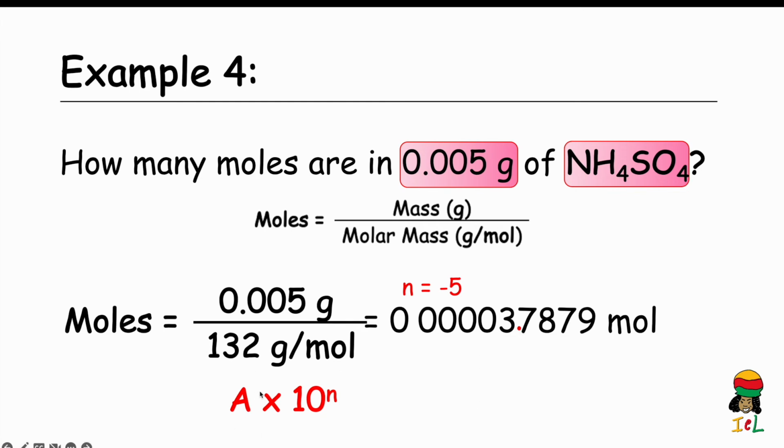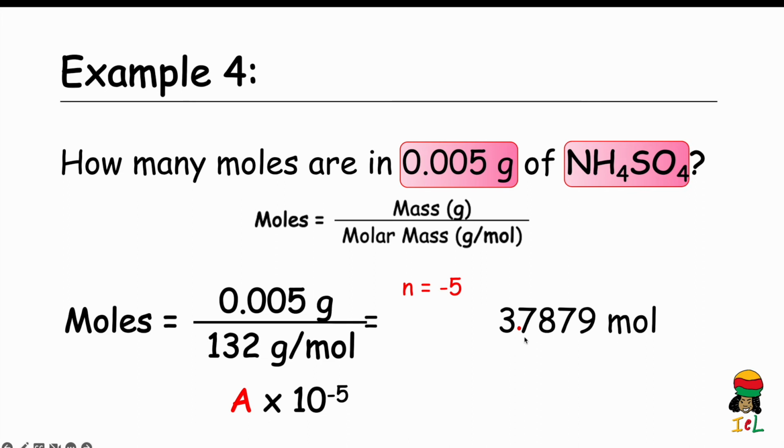Therefore, we know that the front number will be multiplied by 10 to the -5. As a result, we need to find out what a is. So returning to our number, note that the preceding zeros that are occurring before the first significant figure have no value, therefore we erase those. As a result, we are left with the value of a, and we would want to express this to 2 decimal places.